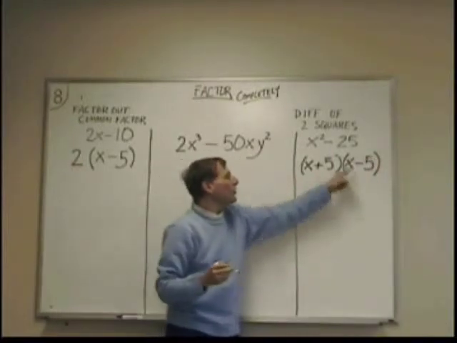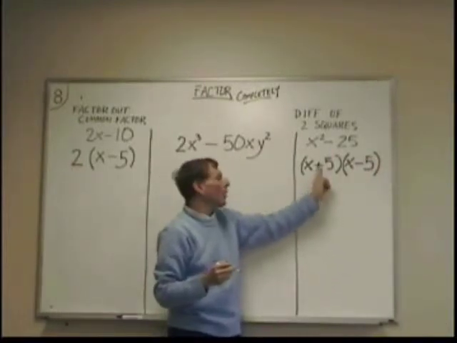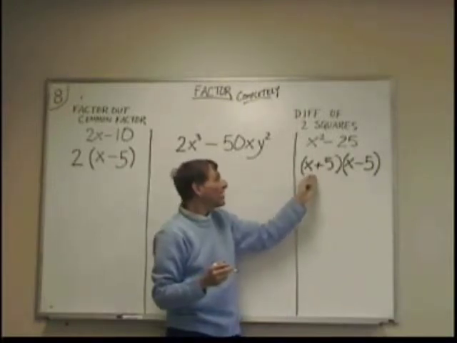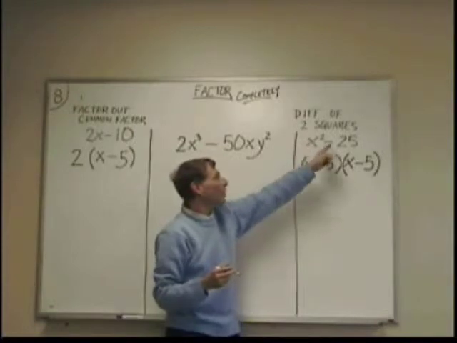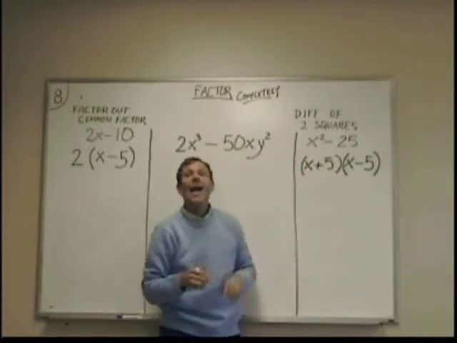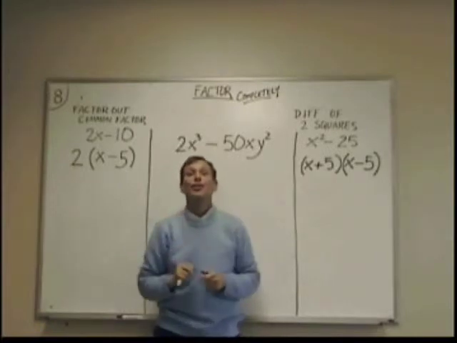And the order of the signs doesn't matter as long as you have one plus and one minus. And that's the factorization of x squared minus 25. It's x plus 5, x minus 5. And you could do FOIL to check to see if it works.